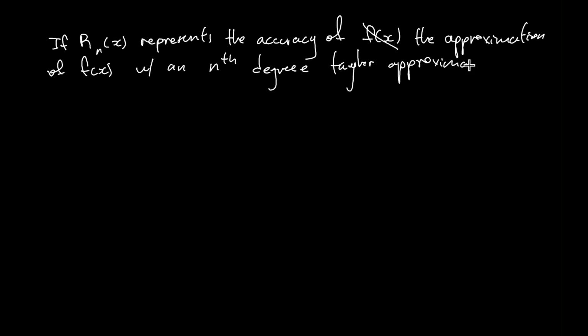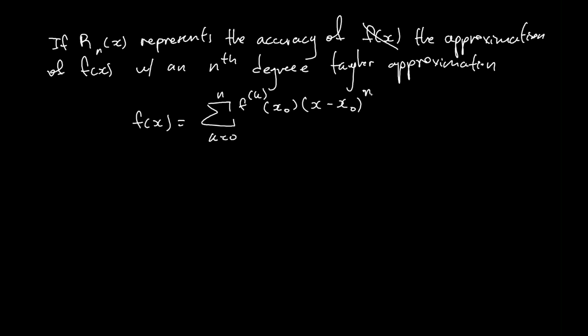And I'm going to write this in math terms. f of x equals the sum from k equals 0 to n, so I'm writing the nth degree Taylor approximation right now, of the kth derivative of f at x naught, centered at x naught, times x minus x naught to the power of k all over k factorial, plus how far off we were, so Rn of x.